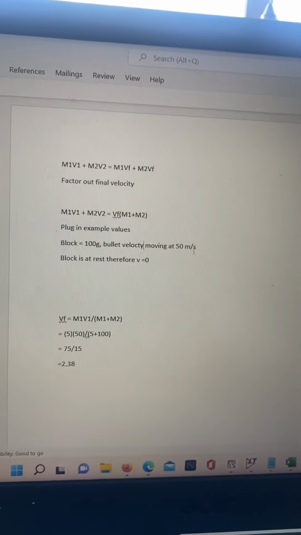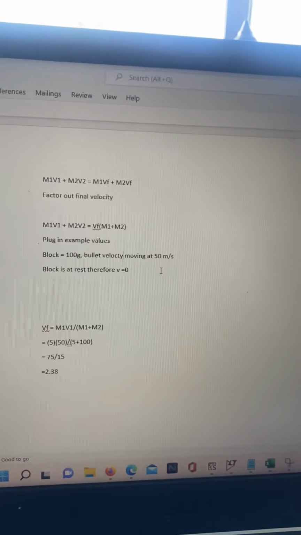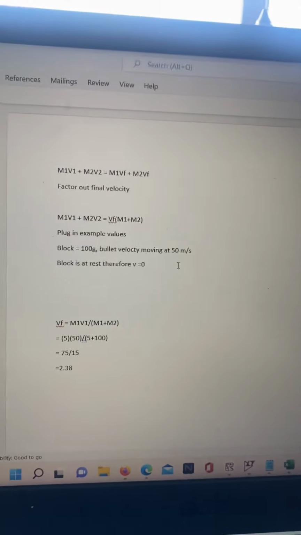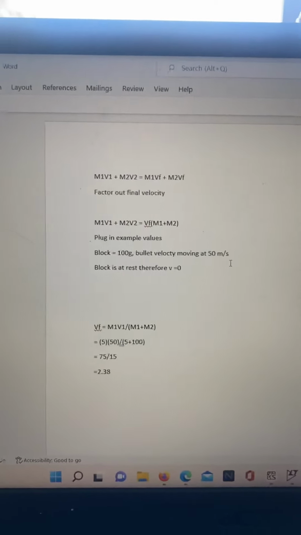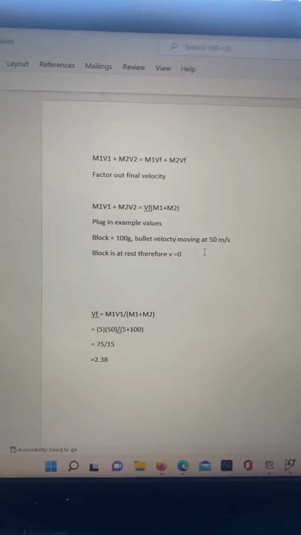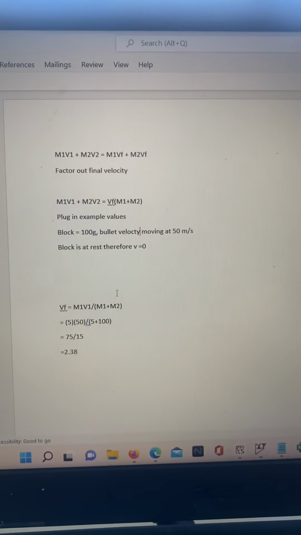We're going to have it moving at 50 meters per second, which is pretty fast. I think if memory serves, I'm not 100% positive, a 40 caliber is like 47. But anyway, the block is at rest, so it's 0, nothing to do there.